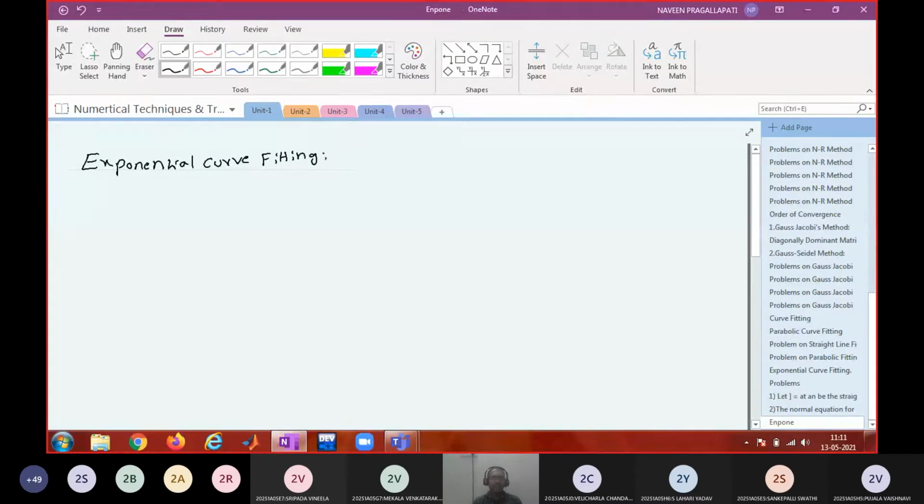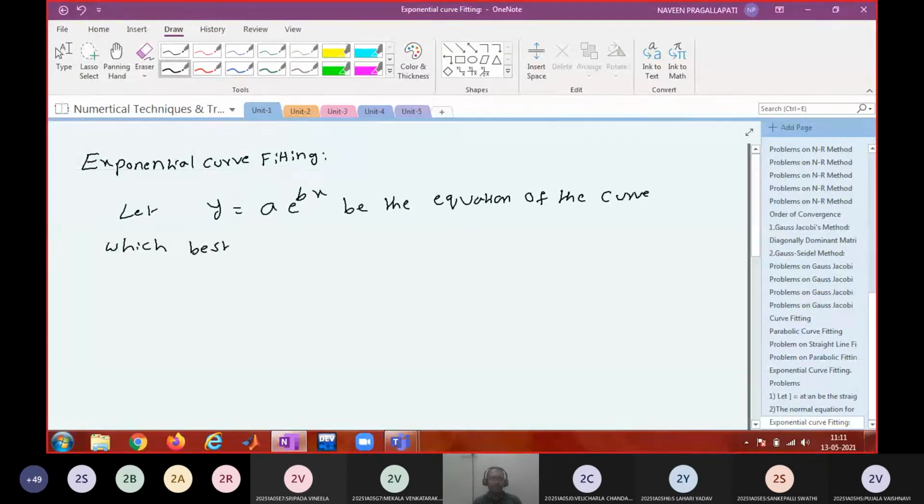Let us say we want to put y equal to a e power bx, the equation of the exponential curve which best fits the given data. Let us say problem number 4.